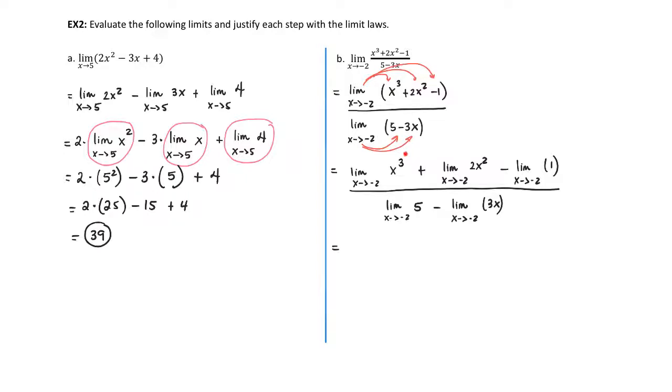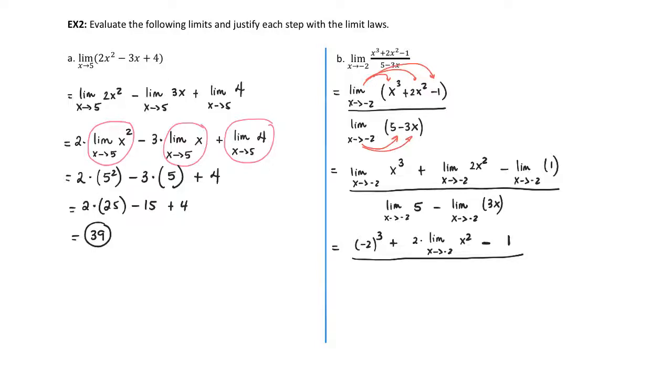So the very first limit right here is the limit of a power function. That will be negative 2 to the third. Plus, here, because we're following formality, 2 has to come in front of the limit before we evaluate that limit. So 2 times the limit as x approaches negative 2 of x squared, minus, and now the limit of this constant function is just going to be 1, the constant itself.